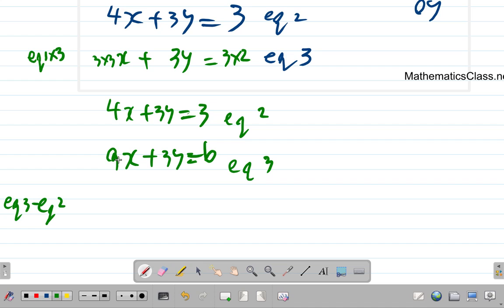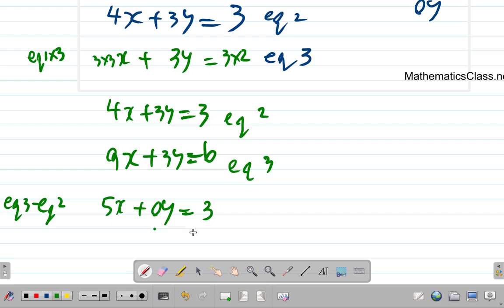So in equation 3 we have 9x, in equation 2 we have 4x. So 9x minus 4x gives you what? It's going to be 5x. Alright? 3y minus 3y is plus 0y. You eliminated y. And then you say equals 6 minus 3 gives you 3.